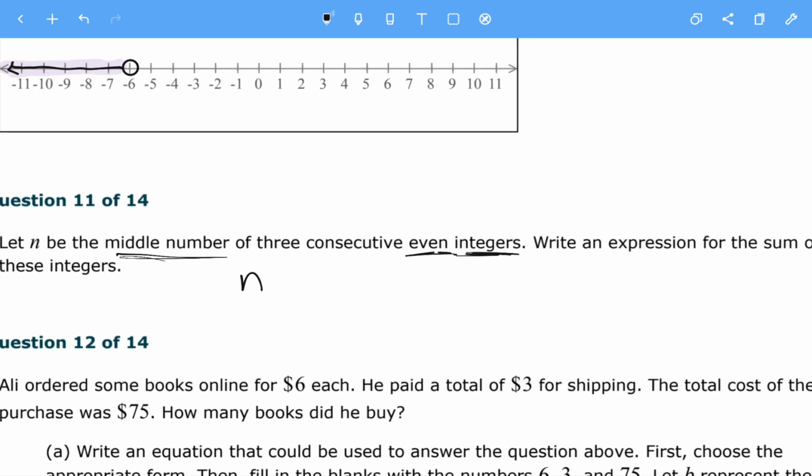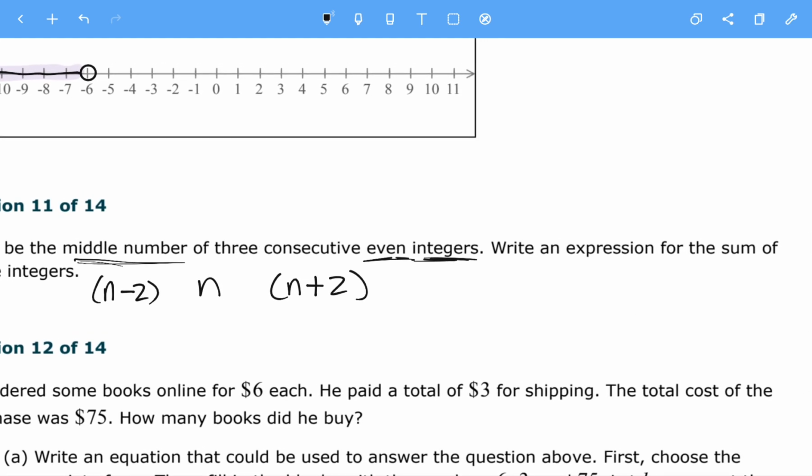The even number smaller than that is going to be whatever n is minus 2. And then the even number greater than that is going to be 2 more than that number.